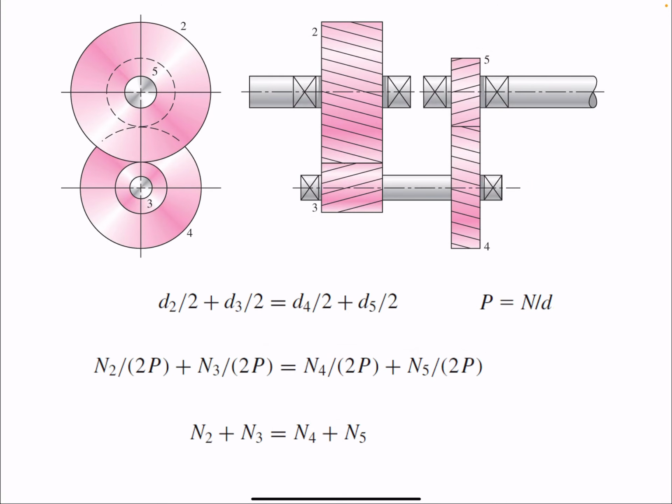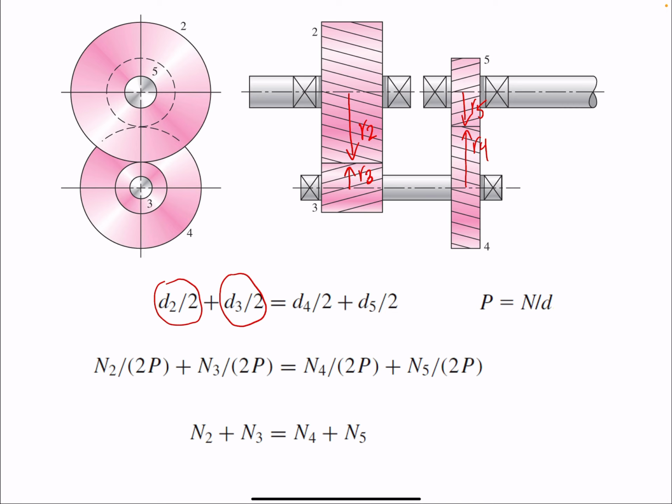But the condition that we have is that these two distances need to be the same. That means that the radius, if I have R2 plus R3, where this is R2, R3, diameter divided by 2, should be the same as R4 and R5. So that's our geometrical condition.